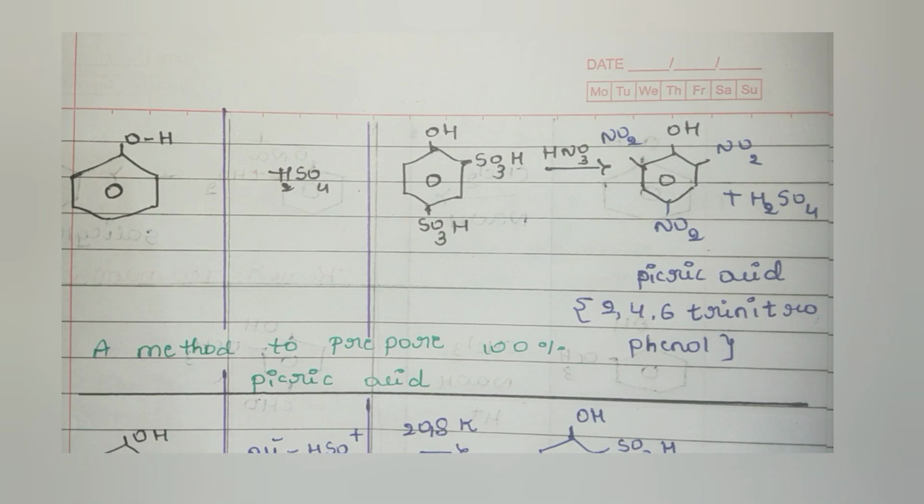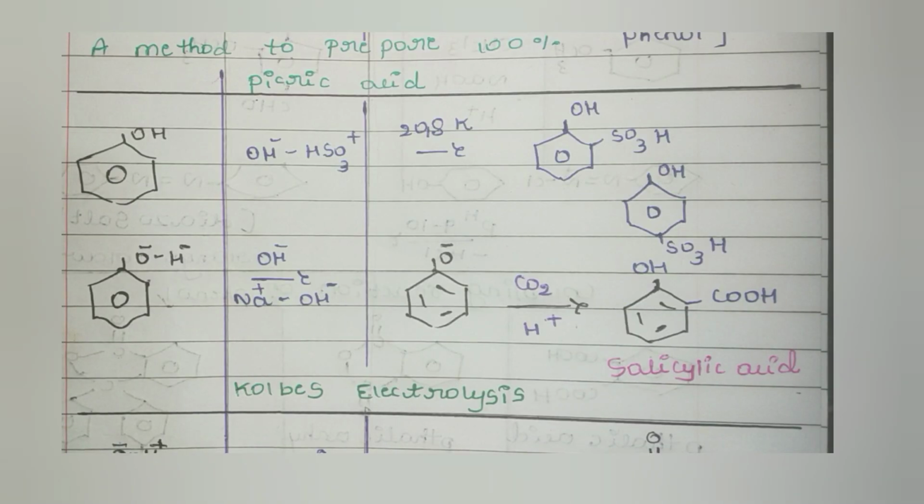And when the sulfonic acid is treated with HNO3, it gives 2,4,6-trinitrophenol, also called picric acid. In this method, 2,4,6-trinitrophenol, picric acid, is obtained at 100% as the major product.